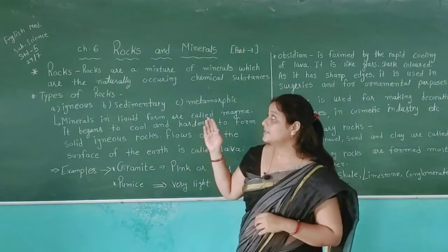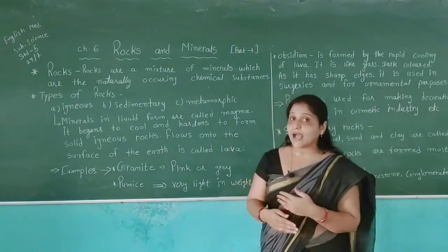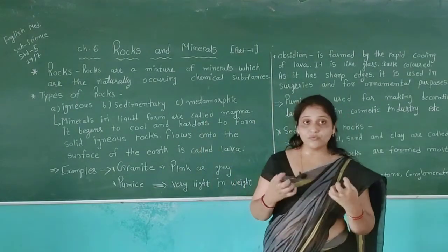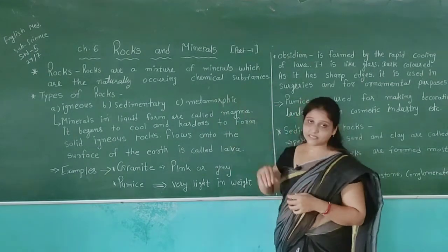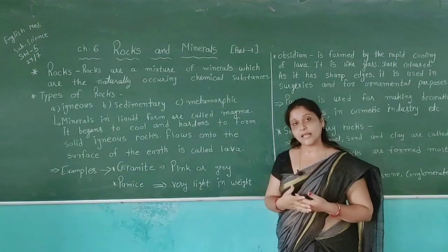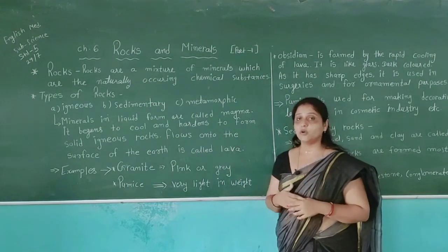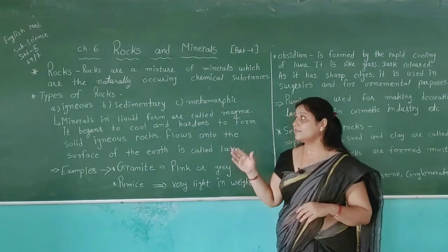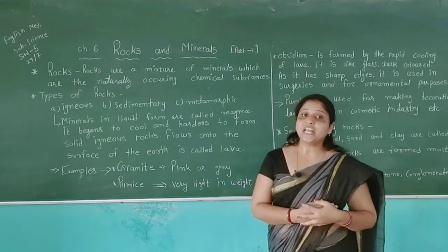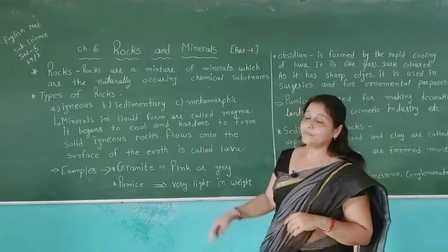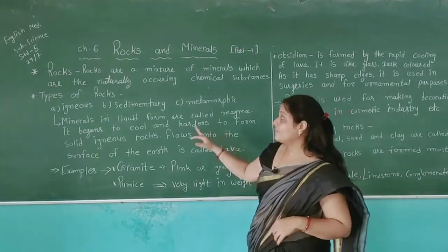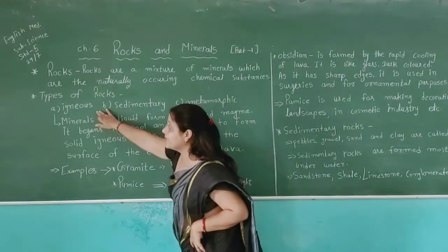So students, first, rocks are a mixture of minerals, which are naturally occurring chemical substances. Then we have three types of rocks: igneous rocks, sedimentary rocks, and metamorphic rocks. First, we discussed igneous rock.